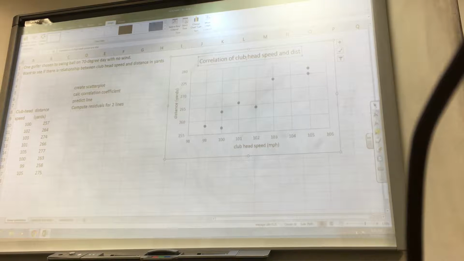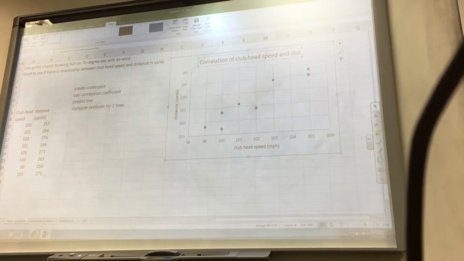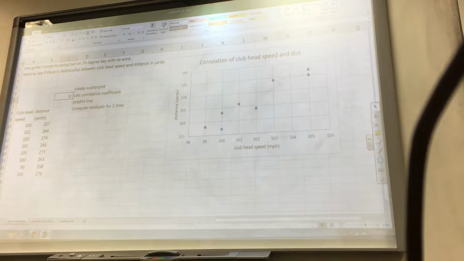Because we're short on time today, I'm going to let you use the cheater method, but you all remember how to do this manually, right? How would you calculate your correlation coefficient with the cheater method? Ashley? Equal CORREL, and then parenthesis, all your data.